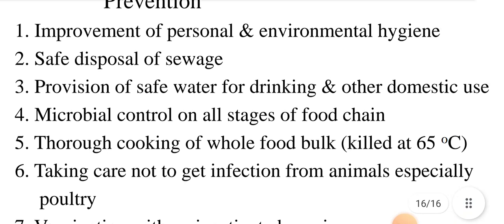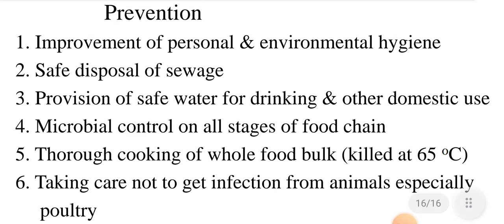Prevention: improvement of personal and environmental hygiene, safe disposal of sewage, provision of safe water for drinking and other domestic use, microbial control on all stages of food chain, thorough cooking of food, the whole food bulk, so as the temperature reaches the whole components of food.